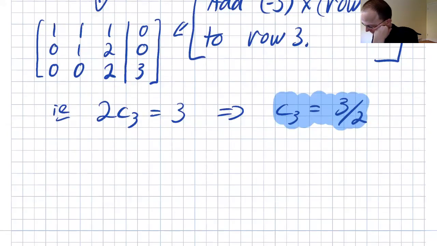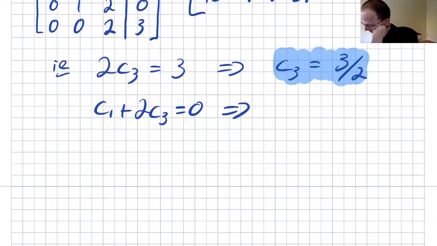And then this next equation here is C2 plus 2C3 equals 0. But we know what C3 is, so we can just substitute that in, and we'll end up getting, let's see, this will be 2 times 3 over 2, so that's 3.